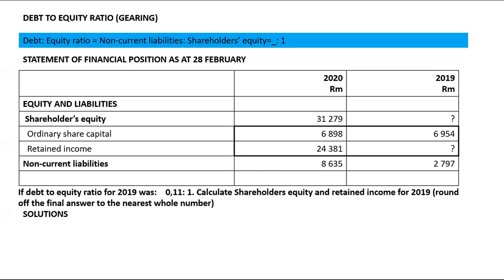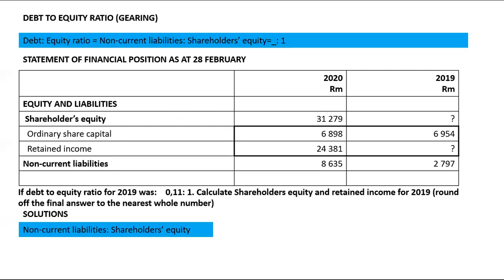So can't we say 2,797 is to X? Do we have to minus anything? No. Correct. And then how do you solve for X here?